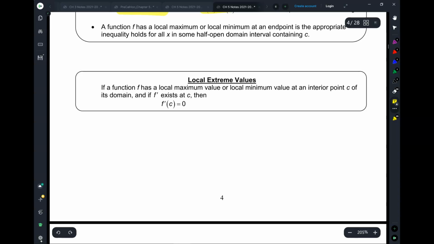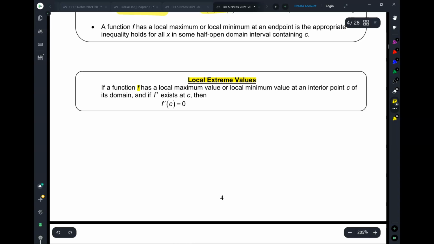Okay, so let's take a look at this one. This one, we're going backwards. If a function f has a local maximum or a local minimum value at an interior point, and f prime exists, then f prime of c must equal 0. Let's think about that for a minute.